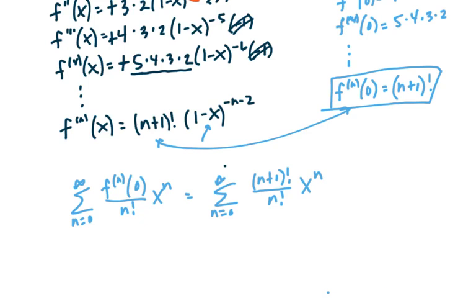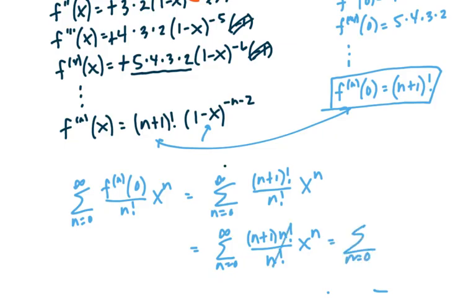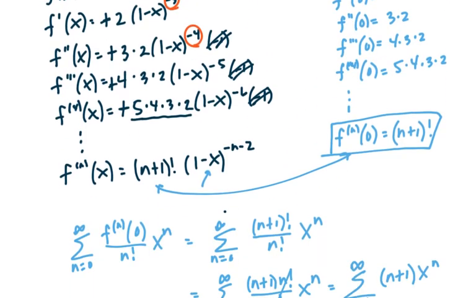Now remember, n plus 1 factorial is n plus 1 times n factorial, over n factorial, x to the n. So that gives us the series from n equals 0 to infinity of n plus 1 times x to the n. That's what we ended up with before, but if you look at the patterns, that's really where you need to be headed with these.